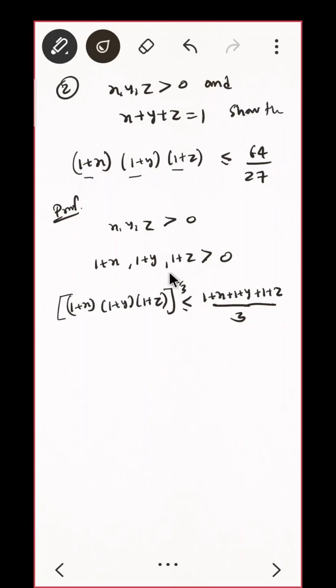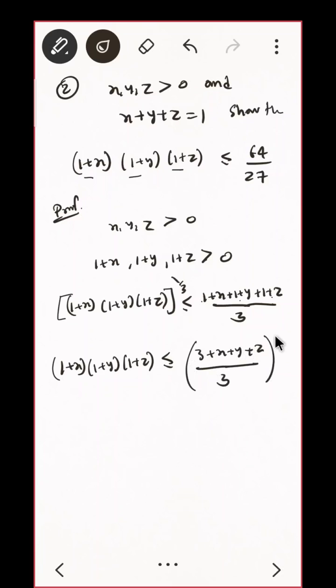Do you see, it is raised to 1/3, so what do I do? I have to take the cube on both sides. But can I do that? Again the question is, can I do that? Nothing will change. Why? Because x, y and z are positive, so you can do that. So this will become (1 plus x)(1 plus y)(1 plus z) less than or equal to ((3 plus x plus y plus z) divided by 3) raised to 3.